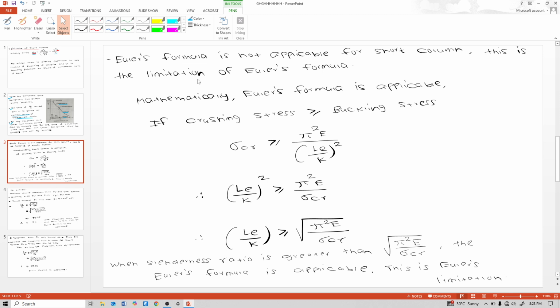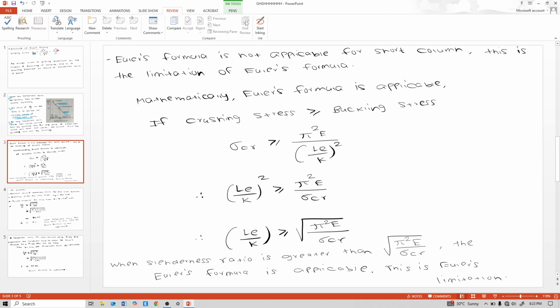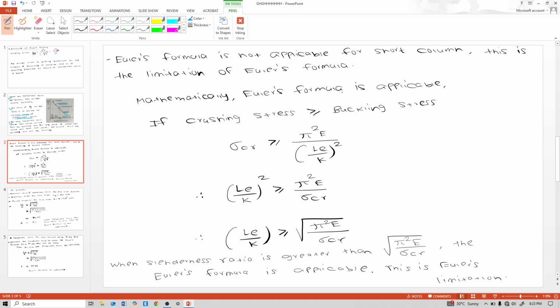Now next, Euler's formula is not applicable for short columns. Yes, that I told you. And this is the limitation of Euler's formula. Mathematically, Euler's formula is applicable if crushing stress is greater than or equal to buckling stress. See, Euler's formula is not applicable to short columns, it is applicable only to long columns, and we all know that a long column fails only by buckling.